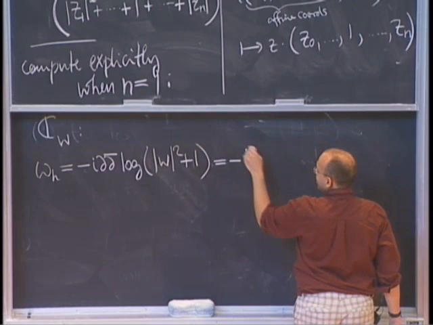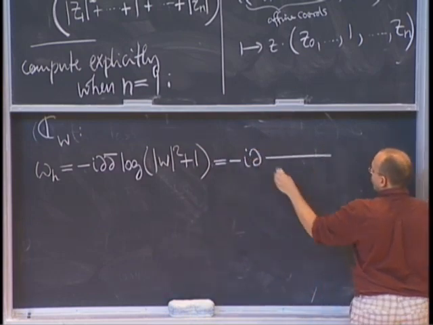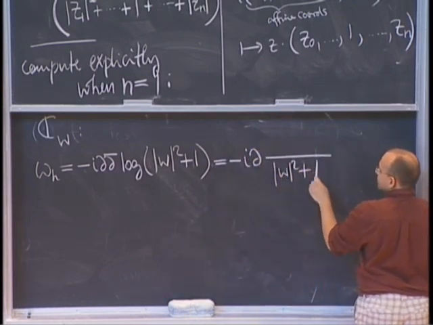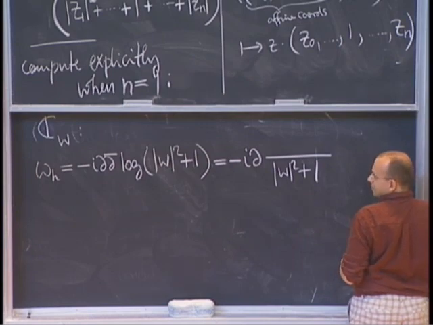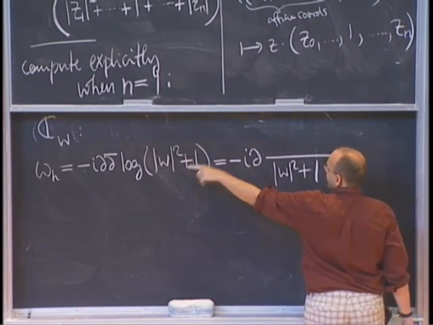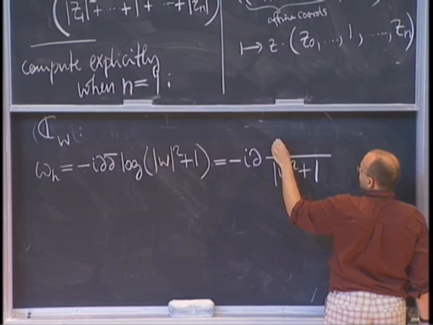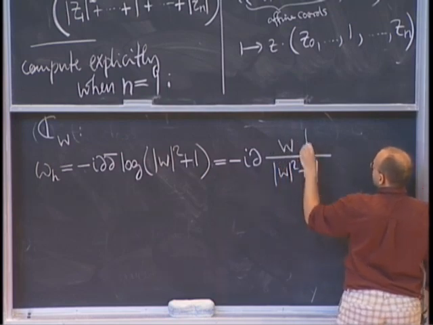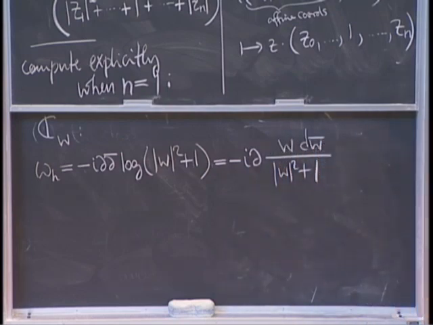That's minus i ∂ of 1 over W squared plus 1, then I have to take ∂bar of the inner function, so that's W dW bar.